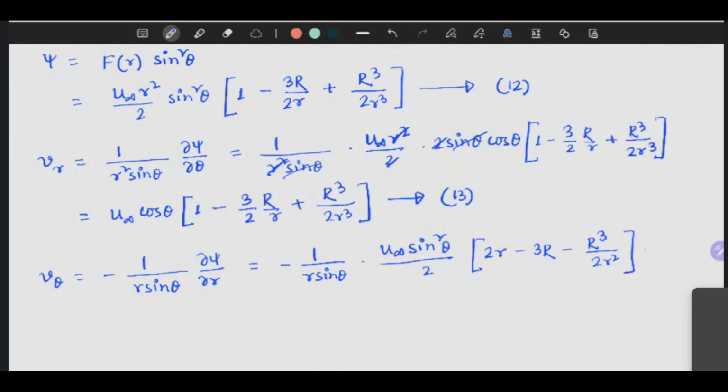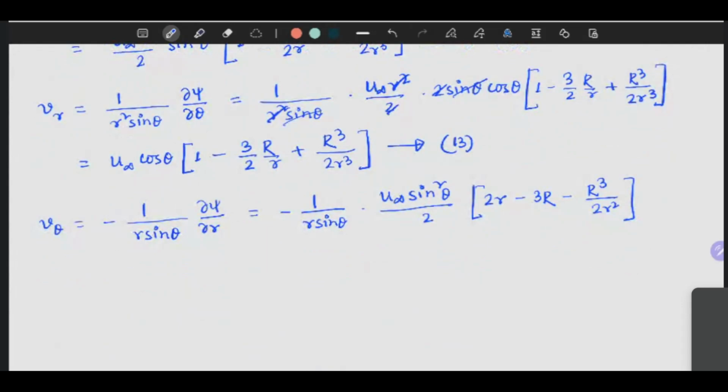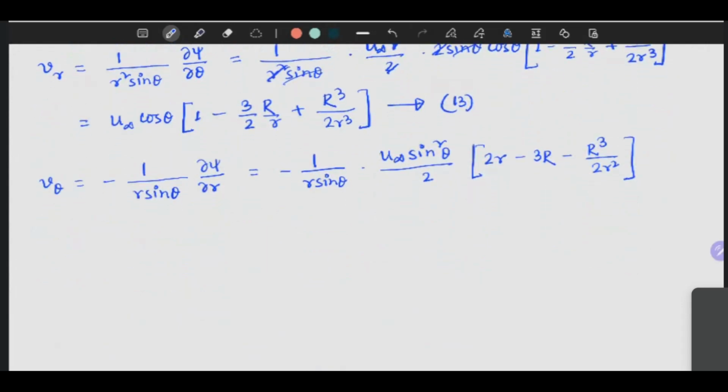Okay, so now sin theta cancels out, so it becomes minus U infinity sin theta into 1 minus 3R by 4r minus R cube by 4 r cube. This is 4.